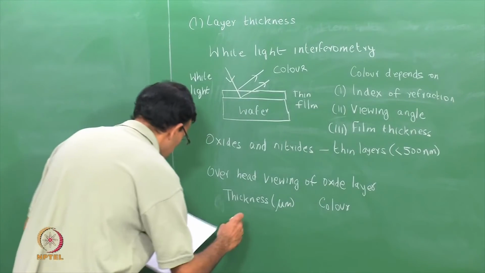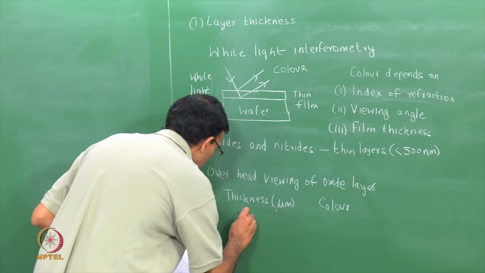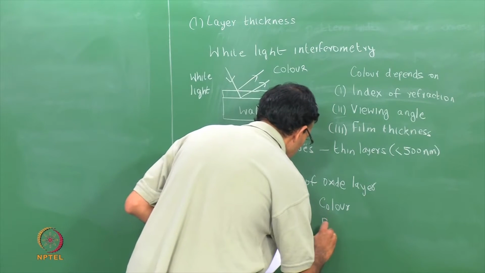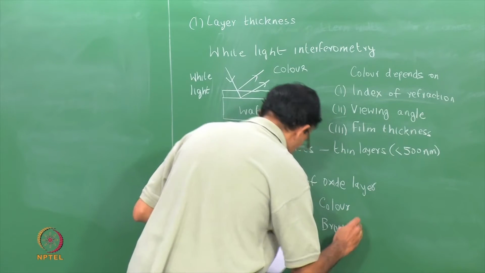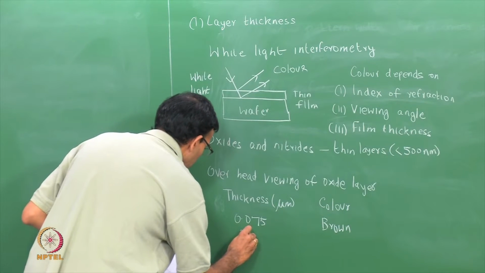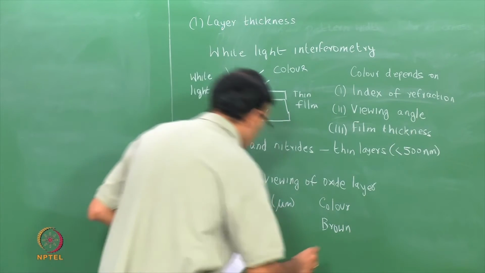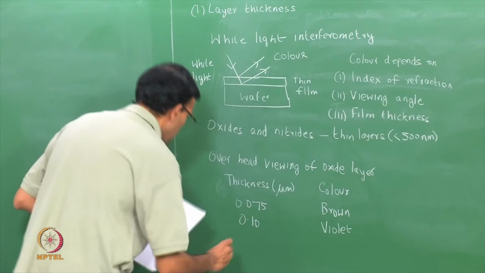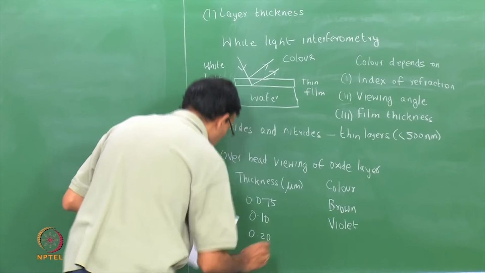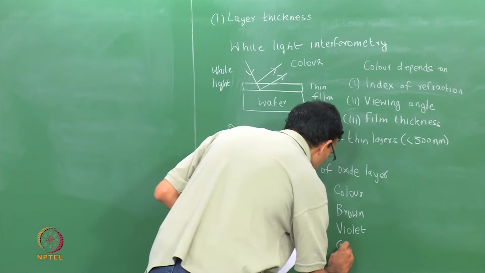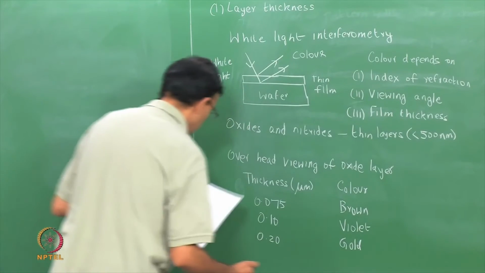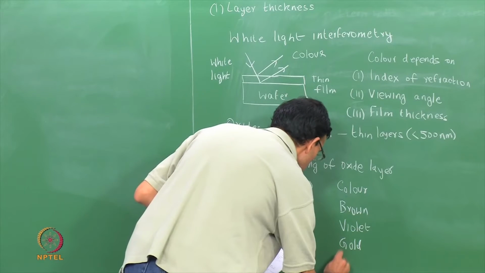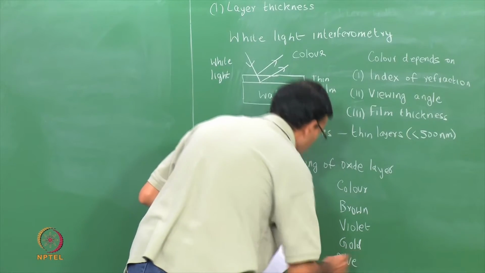So, if your thickness is 75 nanometers, 0.075, your color can be brown, 0.1 it is violet, 0.2 it is gold, 0.3 it is blue, and so on.